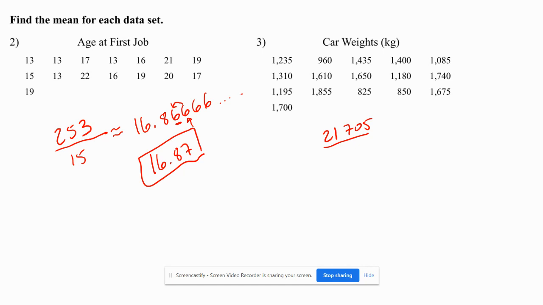I count the numbers. There are 16 numbers in there, so I'm going to divide this by 16. I type it on my calculator and I get 1,356.563. My third decimal place is too small, so my answer will be 1,356.56.